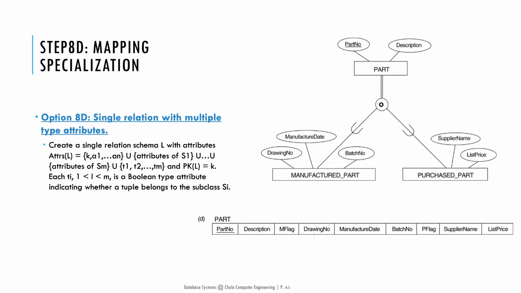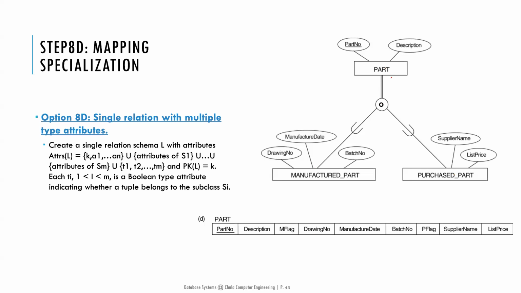So 8D is the mapping of specialization using just a single relation, but with multiple type values. So the difference is this. If you take a look at the example here, I have part and I have overlapping, right? So this part can be a manufactured part or maybe a purchased part at the same time.